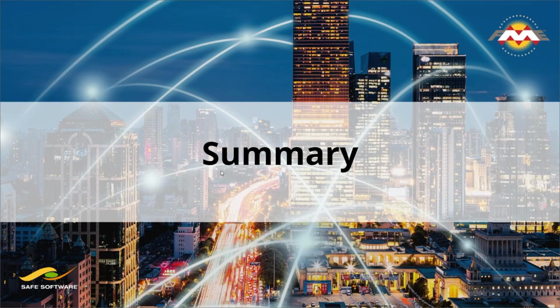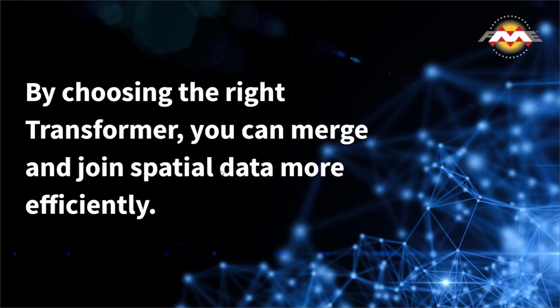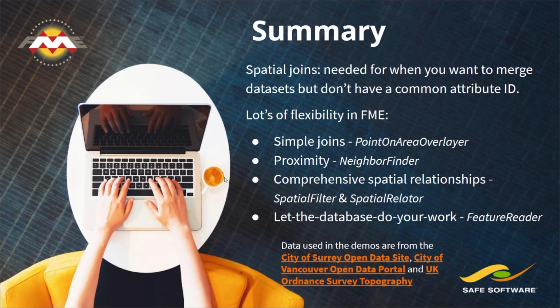So here we are at the beginning of the end. So again, by choosing the right transformer, you can merge and join your spatial data more efficiently with FME. In summary, spatial joins are needed for when you want to merge data sets that don't really have a common attribute ID, i.e. doing a traditional database kind of join. There's a ton of flexibility in FME.